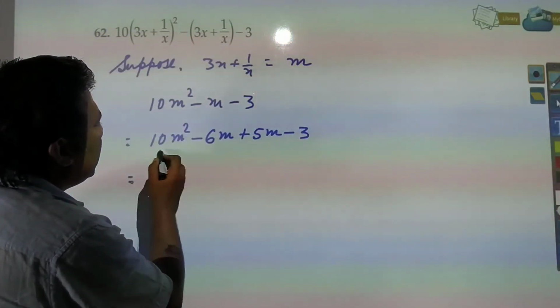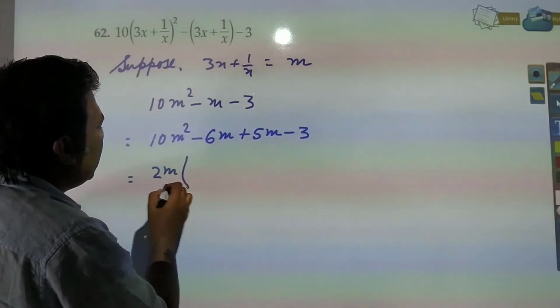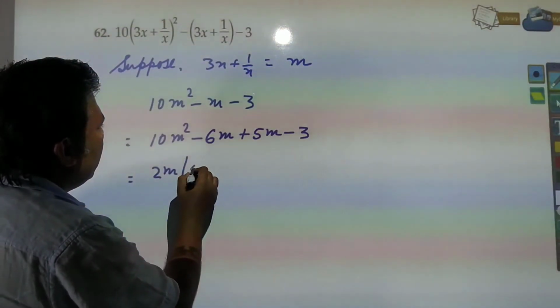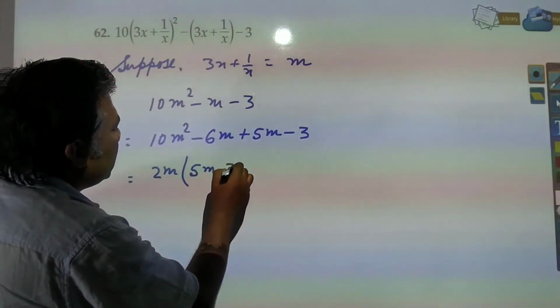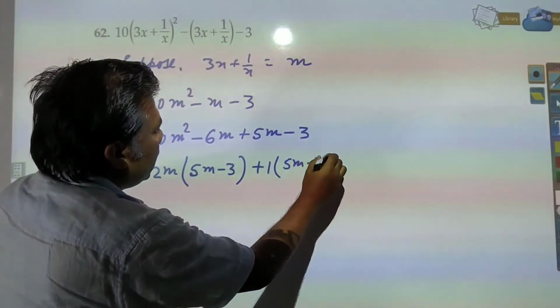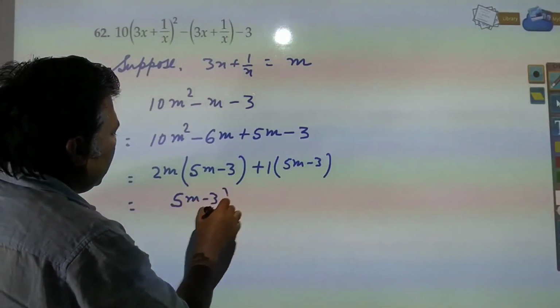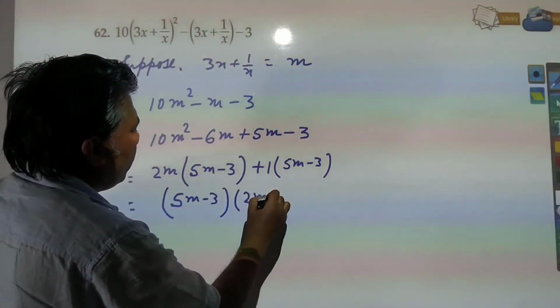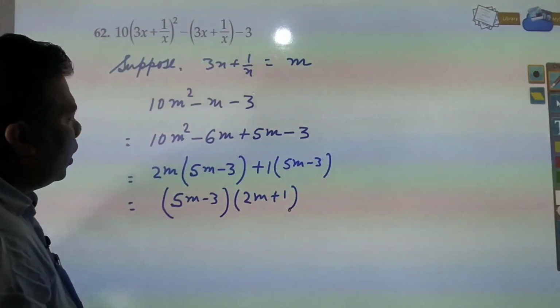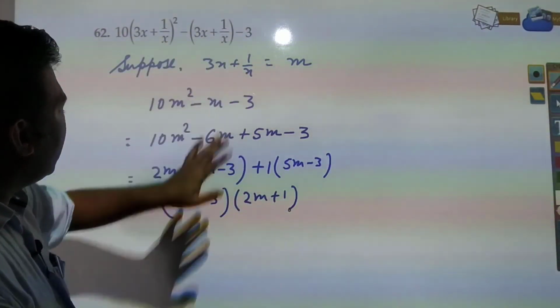Then what can we take common? 2m can be taken out common, leaving 5m − 3, and from the last two terms 1 can be taken out, leaving 5m − 3. So you will be left with (5m − 3)(2m + 1). And here m is required to be substituted with the value given.